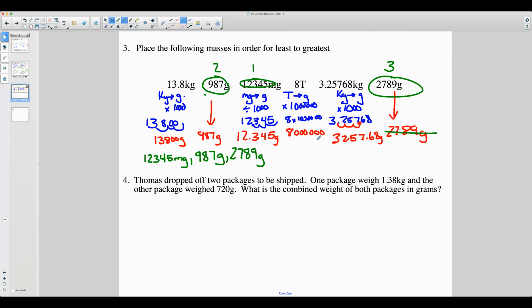Okay, so we've used that one, we've used this one, we've used this one. Now, we would be looking at this here, number 4, because we have 3,257 and 68 hundredths of a gram. So in this instance, it was this value in kilograms.